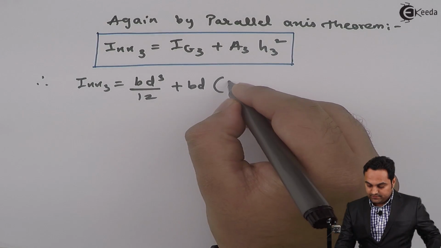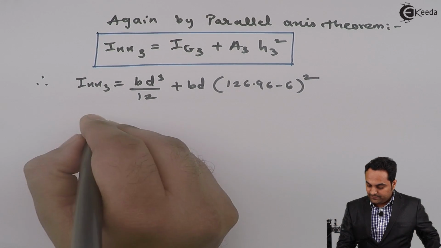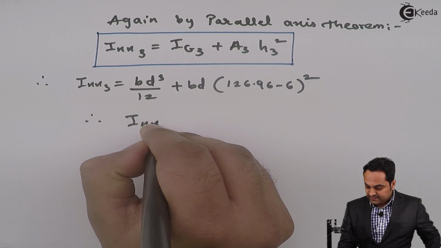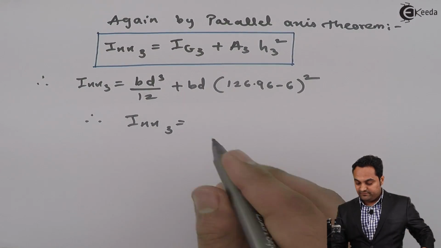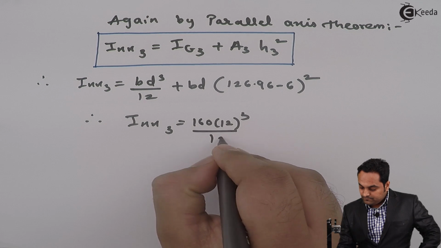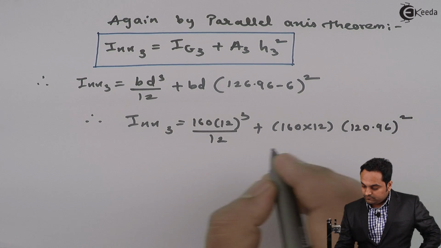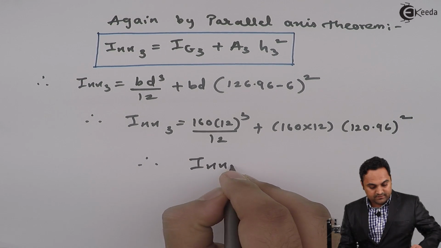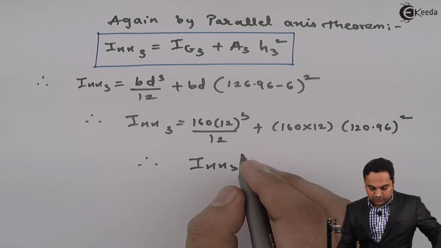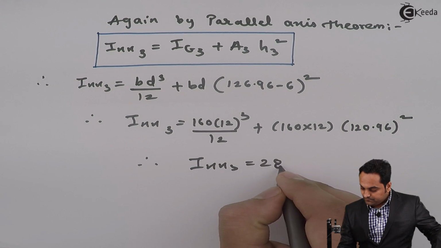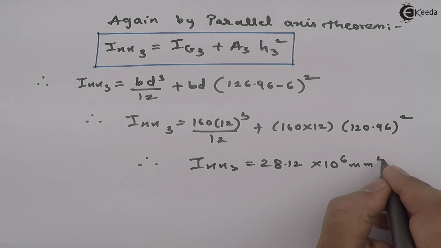So it is 126.96 minus 6 whole square, and for Ixx3, here B and D values, B is 160, D is 12. So Ixx3 comes out to be 28.12 into 10 raised to 6 mm raised to 4.